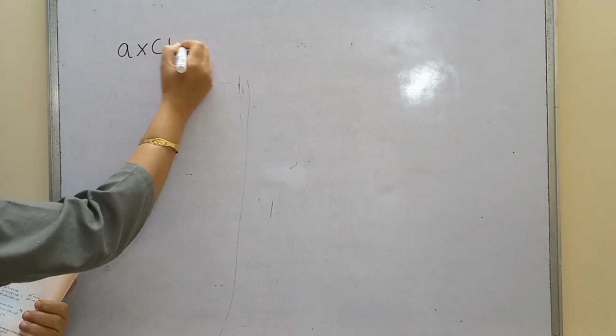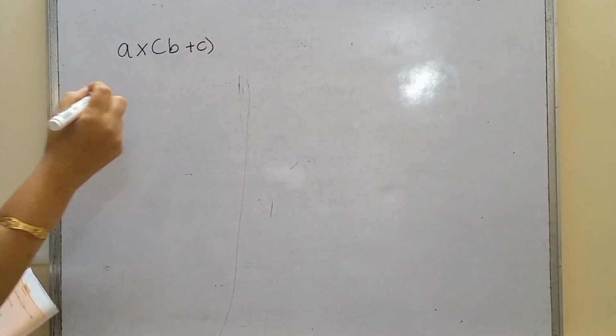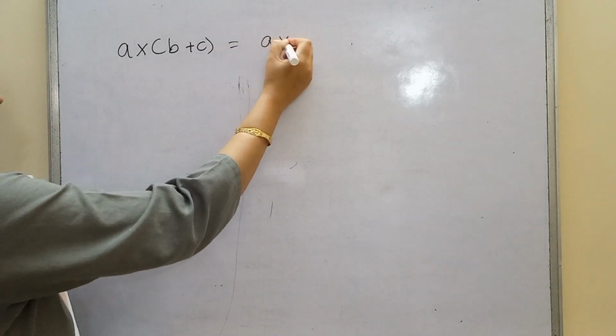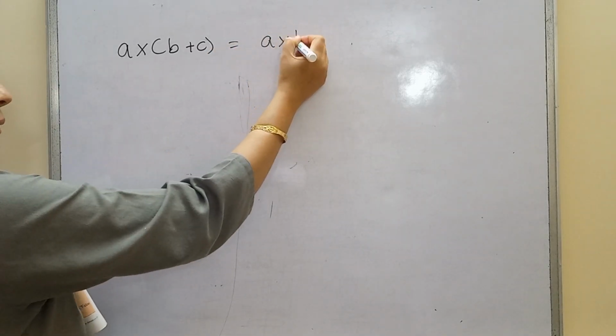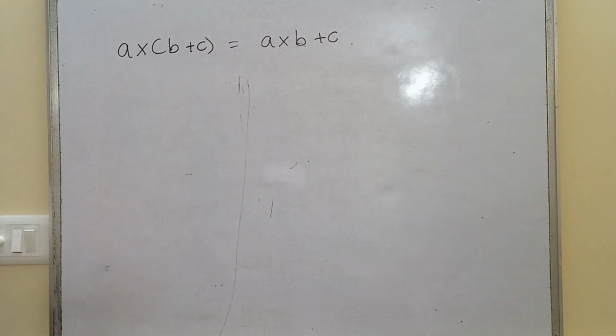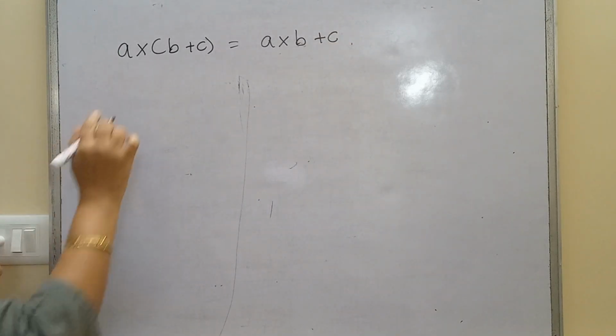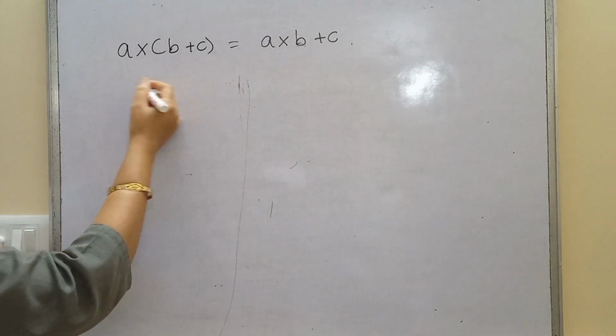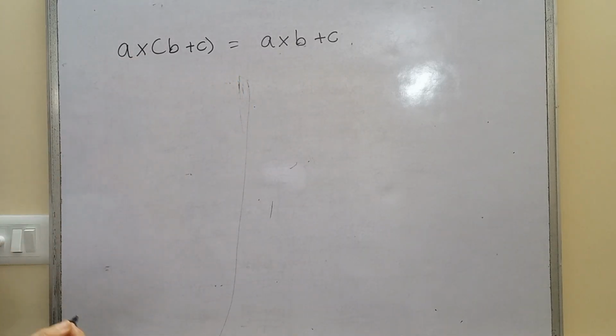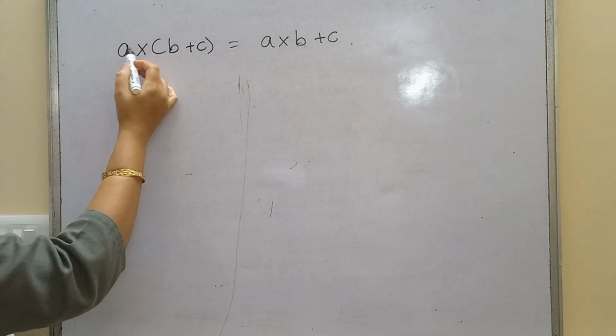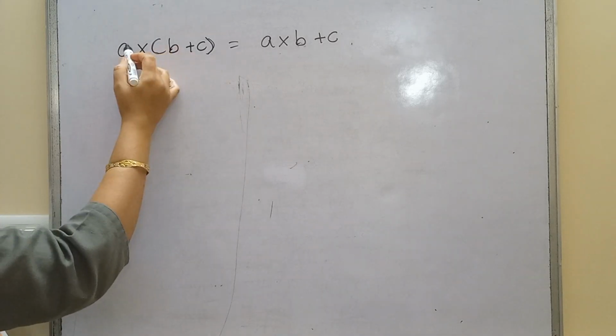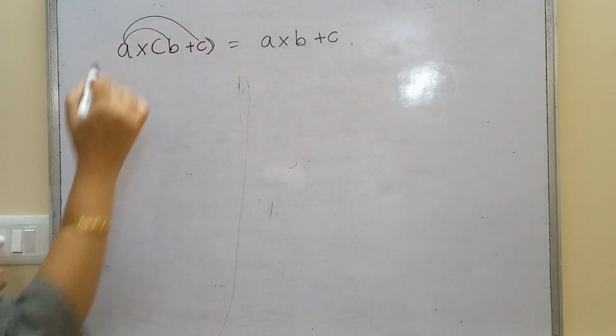A into B plus C is equal to A into B plus C. See now, students, look here. When you put a bracket, you multiply this a with both.